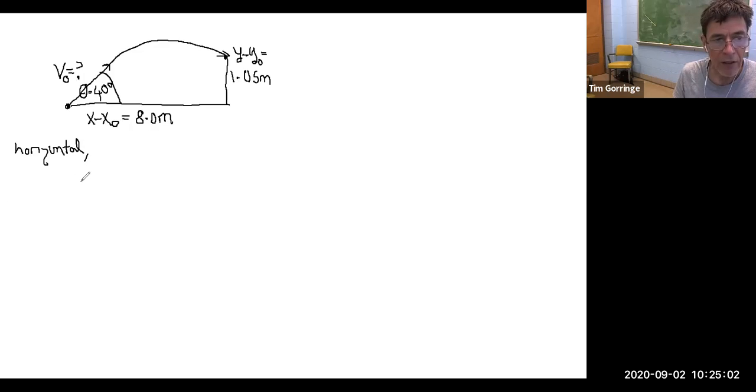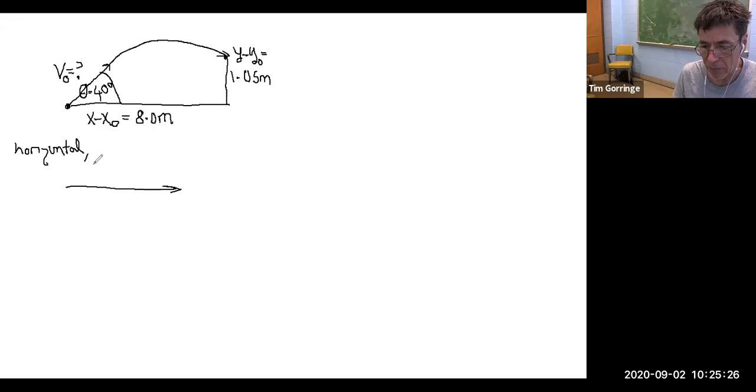And I'm going to start by just sketching out the horizontal motions. So this path of the basketball is a parabola. It's a curve in two dimensions, in x and y. But if we would just see the horizontal motion, it would just be simple left-right motion.